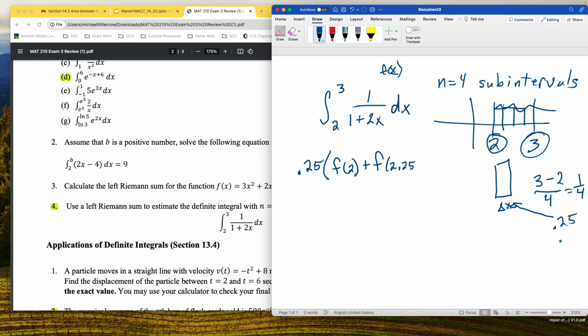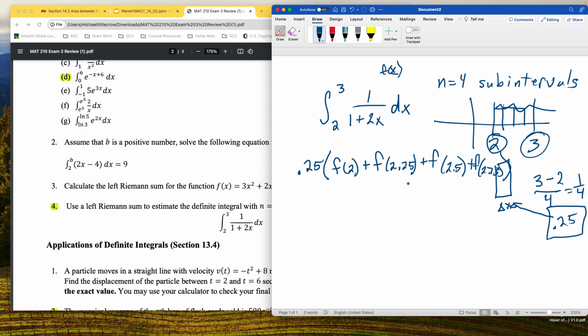Notice I'm just adding the width of each rectangle. Then I want f of 2.5, and then f of 2.75. That's 1, 2, 3, 4 heights, and this will give us the Riemann sum. This is what the Riemann sum is. Again, you could use that Riemann sum program, but this wasn't too bad.